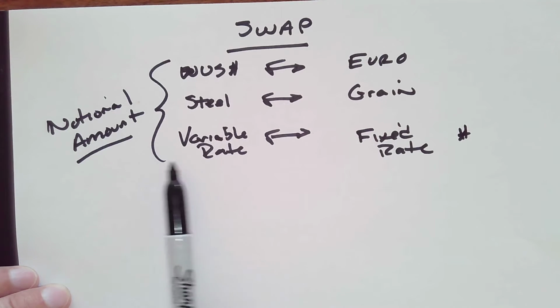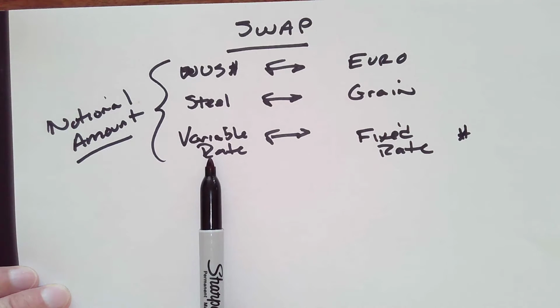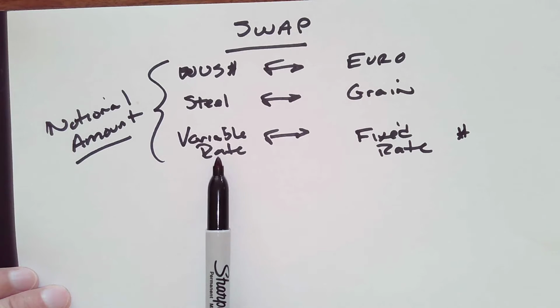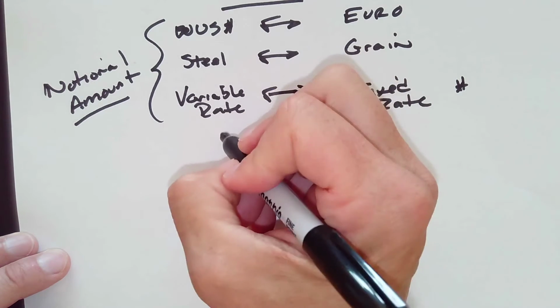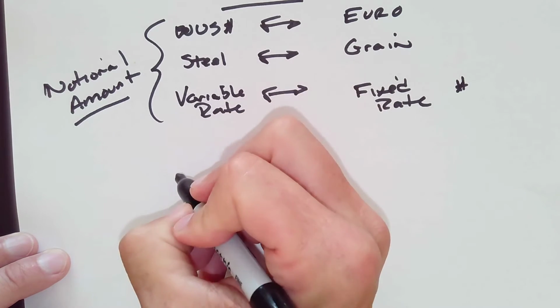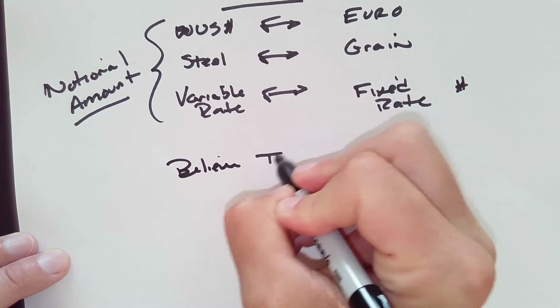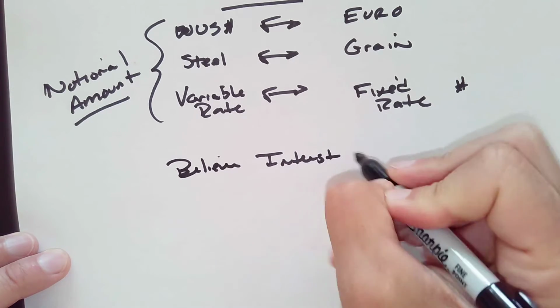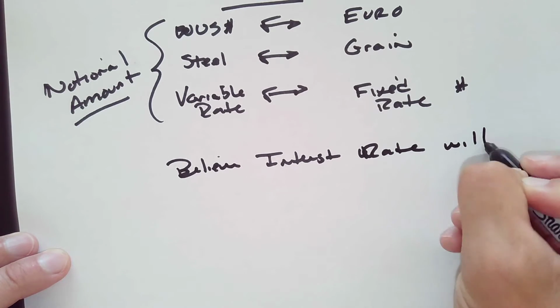Now, why would a company want this? Why would a company want to get a fixed rate versus a variable rate? Well, the company may want to switch out their variable rate because they believe interest rates will climb.